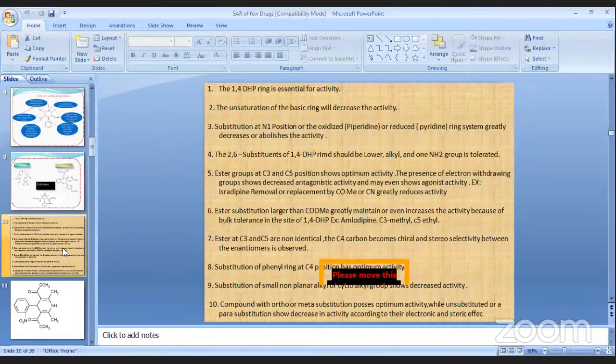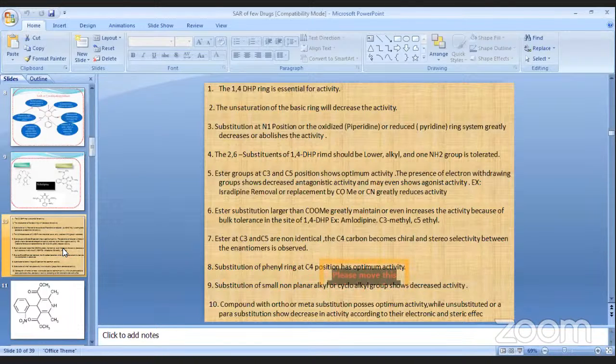Now the C3 and C5 positions are very important for activity, because there are electron withdrawing groups here, that is, the carbomethoxy group or CN group. If they are removed, it reduces activity.